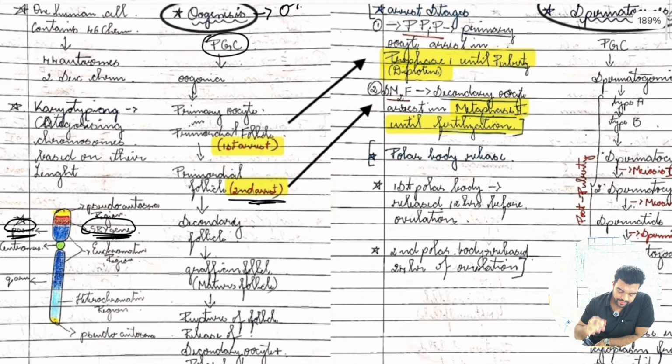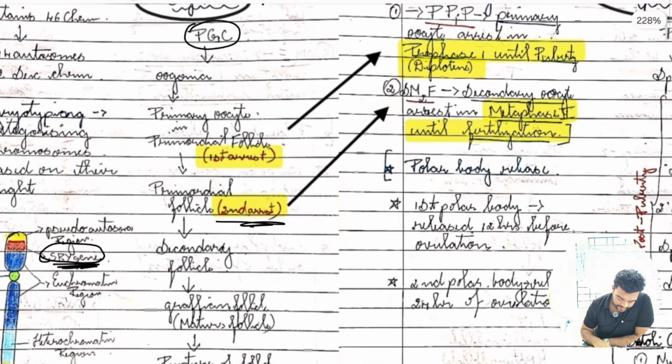Then coming to gametogenesis, we have the steps of oogenesis and spermatogenesis. Oogenesis happens in the female, and spermatogenesis happens in the male. But here there are two steps that you need to remember in oogenesis. That is all and everything you need to know because this is what they have focused on in all the competitive exams.